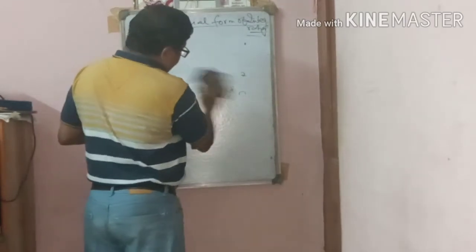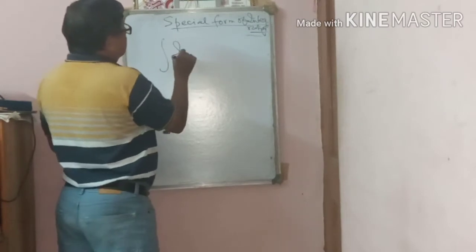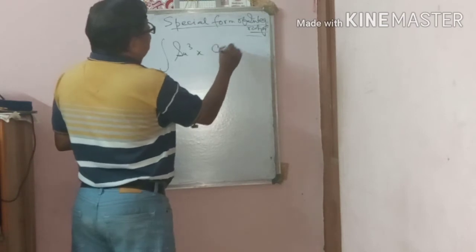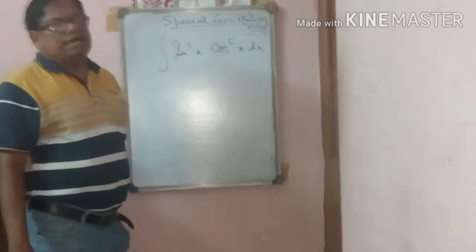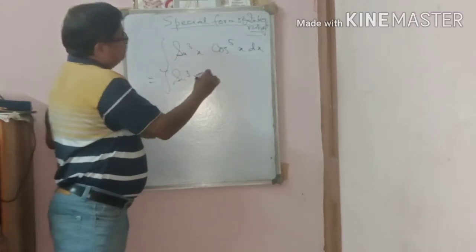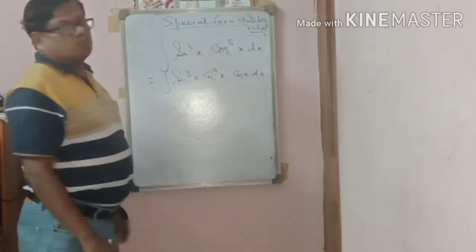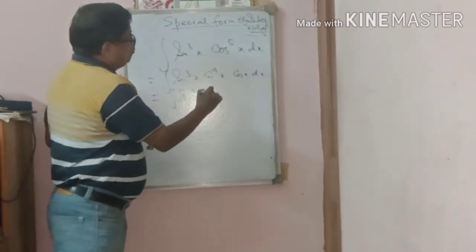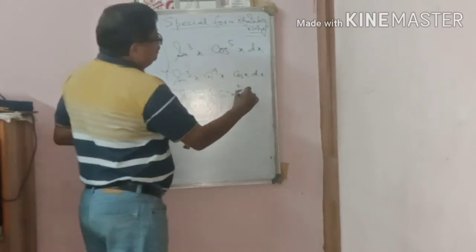Now I am showing the sum. Suppose integration of sin cube x cos to the power 5x dx. Either sin or cos, I am telling. Here sin cube x, you write cos to the power 4x into cos x dx. Now cos 4x you can write as (1 minus sin square x) whole square into cos x dx.